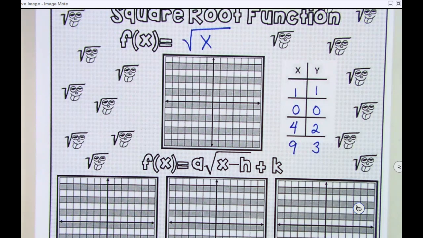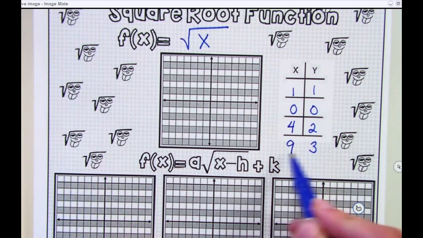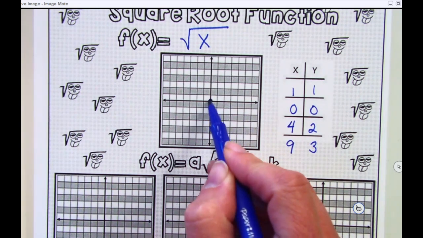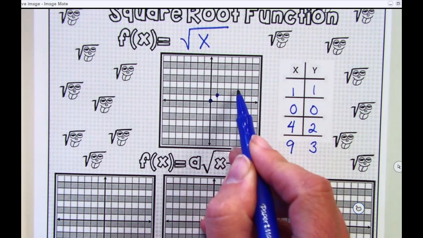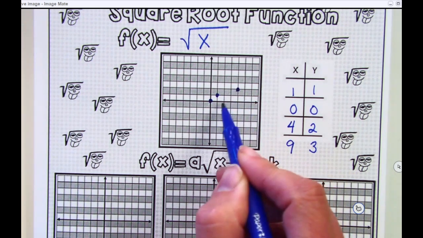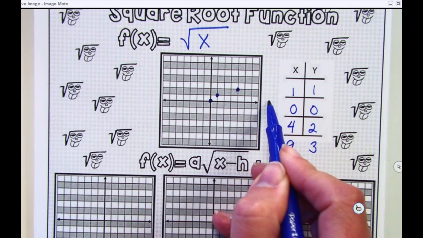Graph those points. We're going to have to sketch that one over there somewhere. Oops, that's 9.